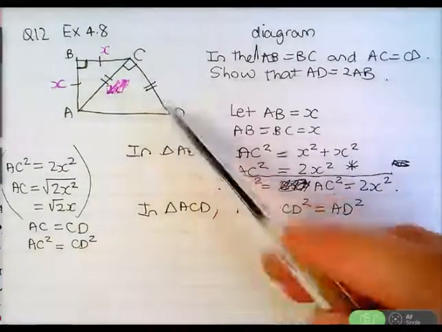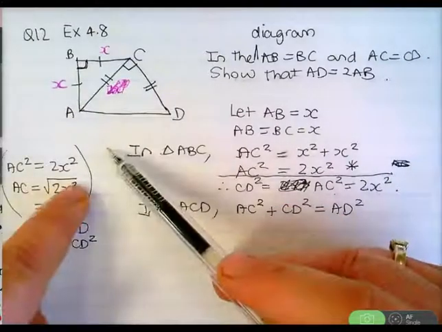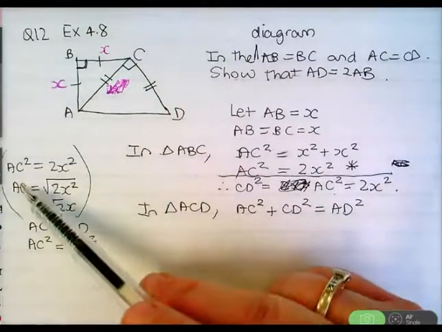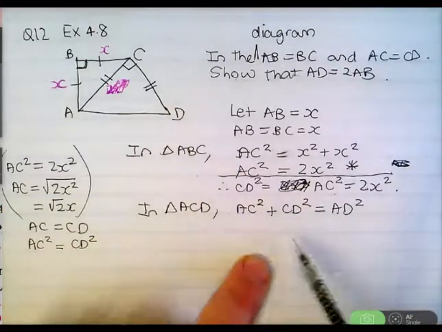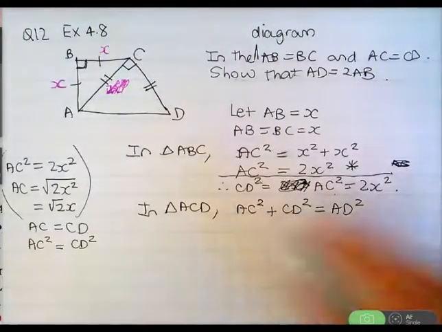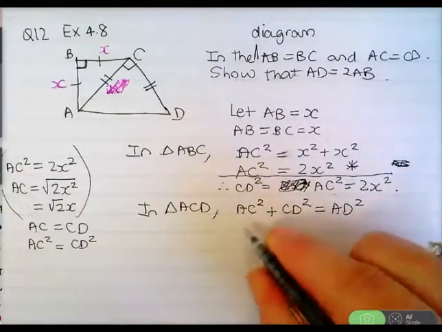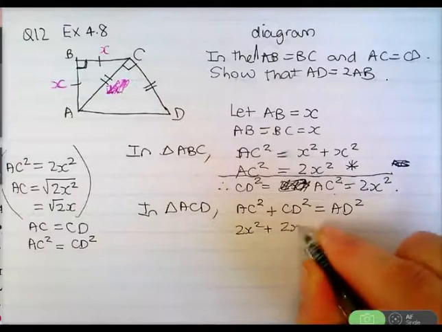Now, in this next triangle that I'm going to use, I use that squared plus that squared is this squared. So I'm not going to bother working out what AC is and what CD is. I'll just keep the squared versions of them, because that's what I'm going to use next. Does that make sense? So what's AC squared? What does AC squared equal? And what does CD squared equal?